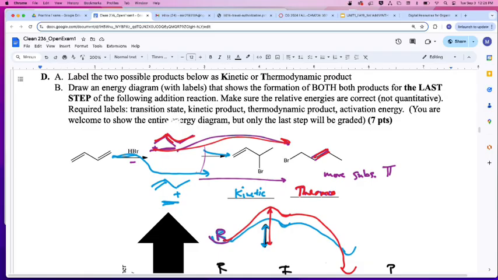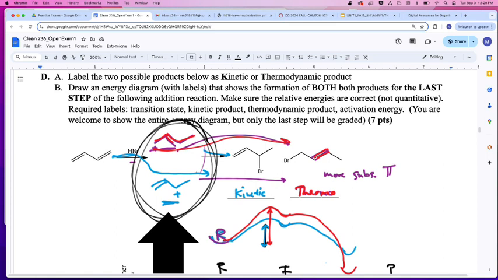Why is this diagram misleading? It's a really hard question for the record. What is the relationship between our intermediates? They're resonance structures. Which means they're both happening at the same time. They're one and the same.